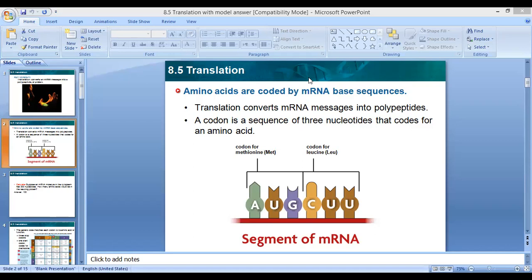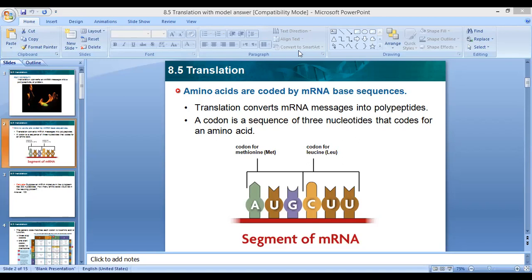Now for the translation we are using the nucleotides in the mRNA which are made of 4 nucleotides A, U, G and C. Now we can make words from many letters. I have words made of 2 letters like app. I have words made of 3 letters. I have words made of more, 5 and 6 letters or more. Right? But in the genetic language, each 3 nucleotides make a codon.